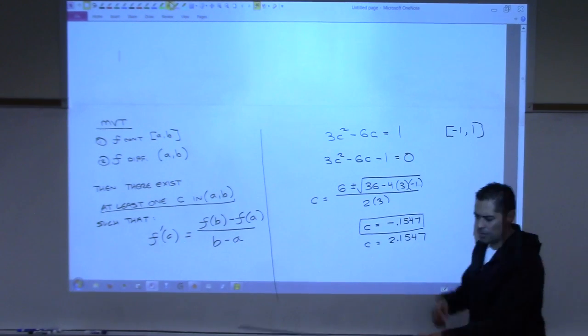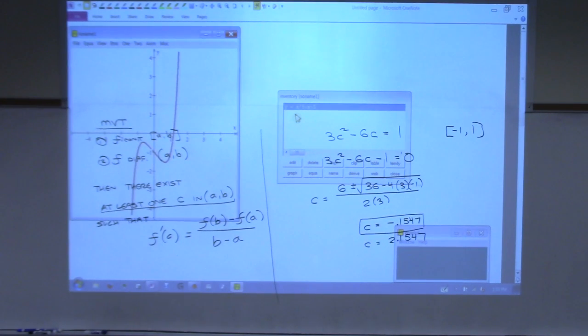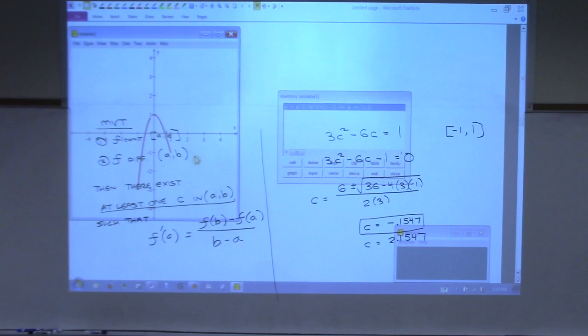Now what this means visually, graphically, is this. If I graph that function, it was the function x cubed minus 3x squared plus 1. If I graph that on the interval -1 to 1, there it is.